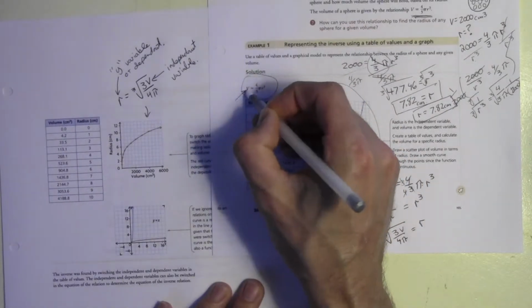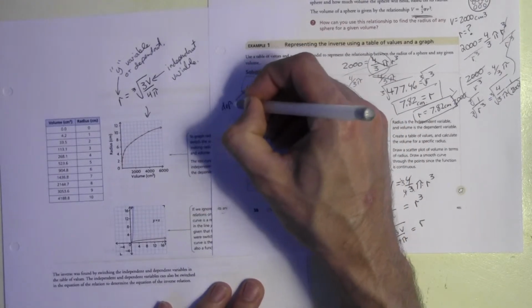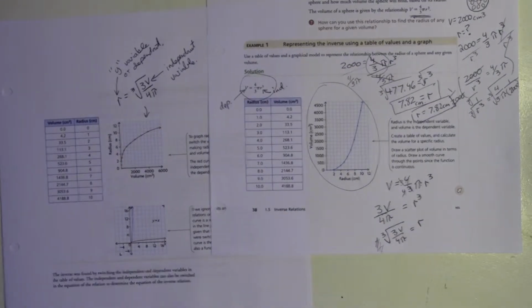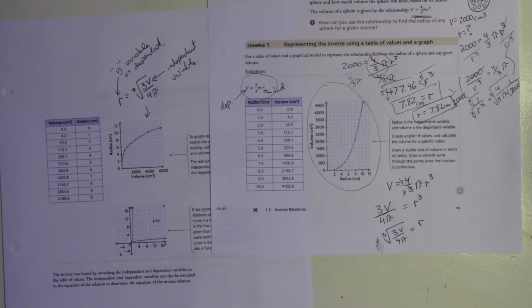Here we had v as the dependent and r as the independent. Does that make sense to you guys? Any questions? That's all they've done.